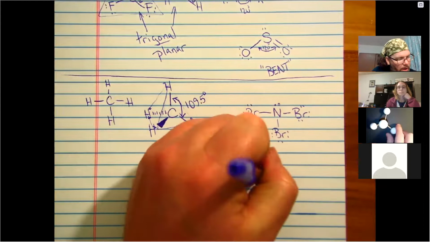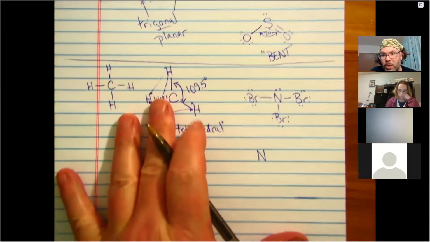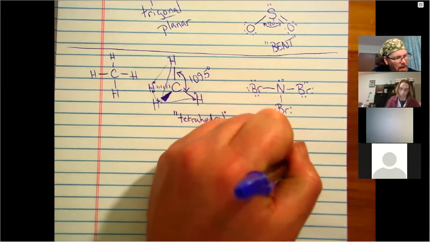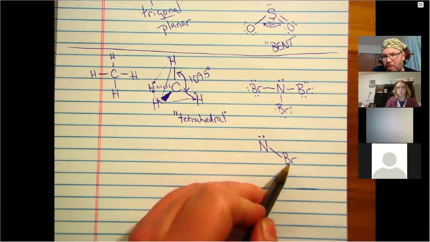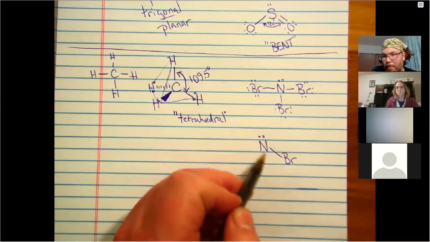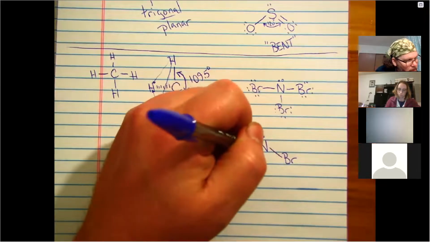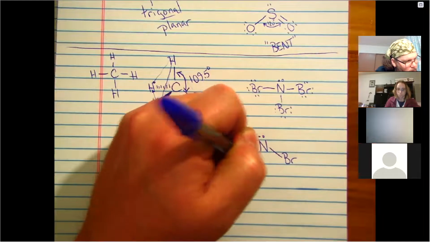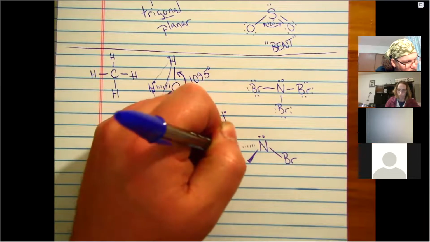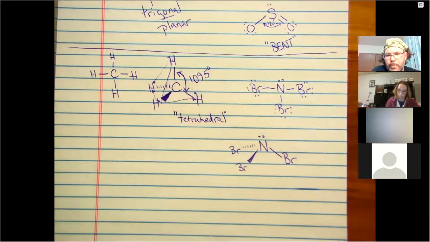So if I was drawing what I expected NBr3 to look like in 3 dimensions, I would draw it like this. I'm not going to draw all the lone pairs in around the bromines because we don't care about that anyway. All we care about is what's the shape around nitrogen.